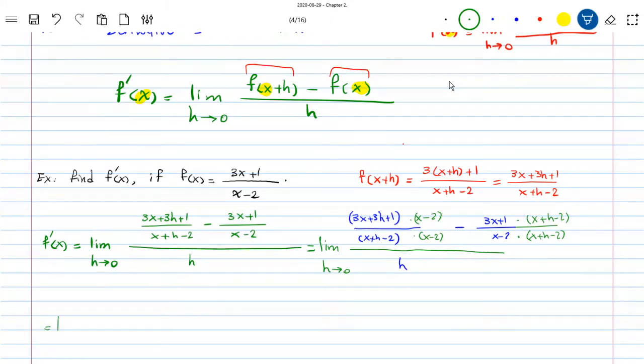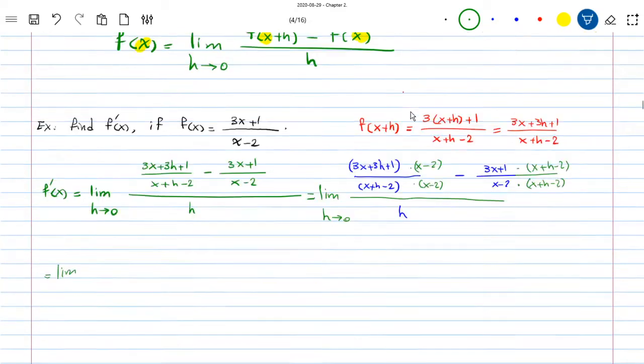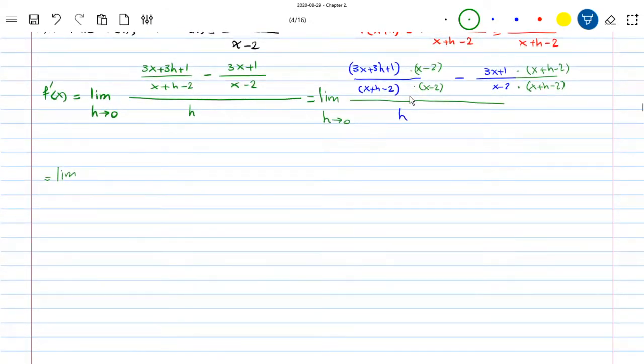So this equals the limit as h approaches 0, still h in the denominator. The two fractions both have the same denominator, so I'm going to write them as x plus h minus 2 and x minus 2. And the numerators are becoming 3x plus 3h plus 1 times x minus 2.